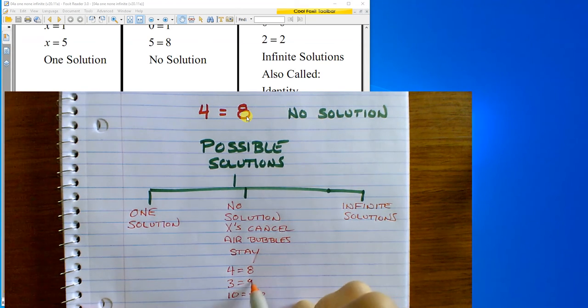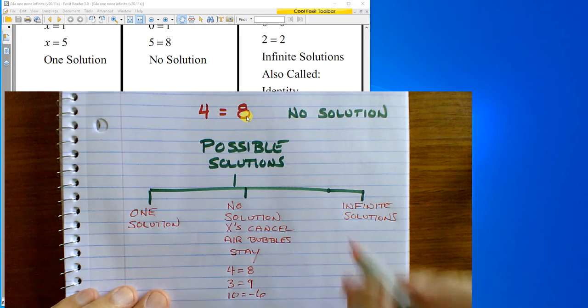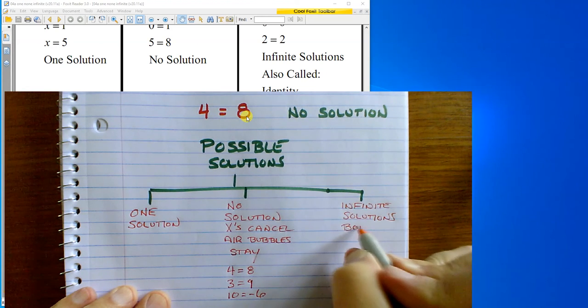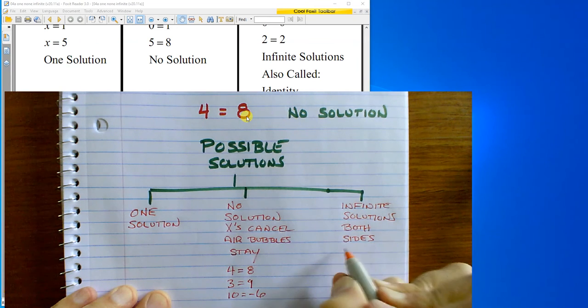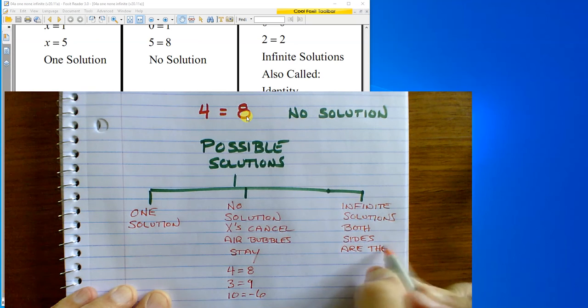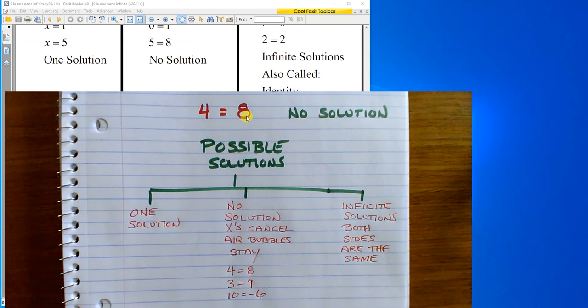Infinite solutions: both sides are the same. Infinite solutions are when both sides are the same.